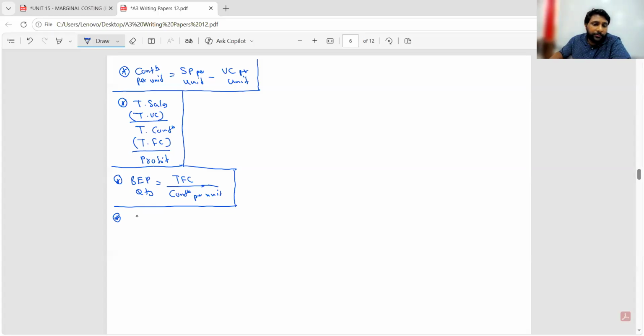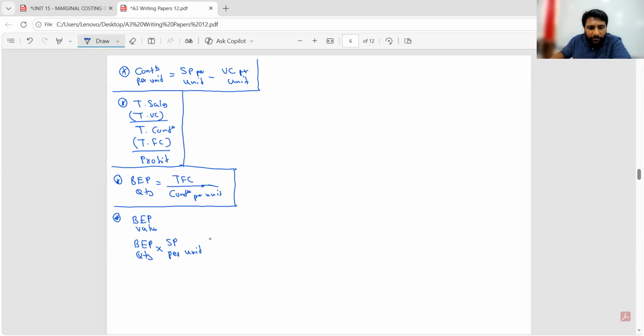Next up. Break even point value: break even point quantity into the selling price per unit.